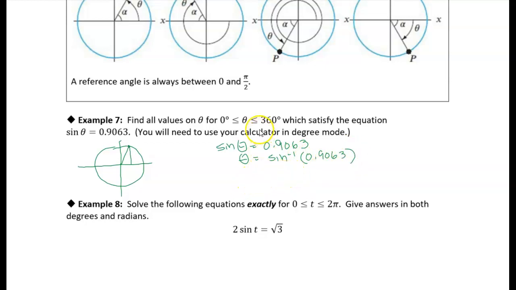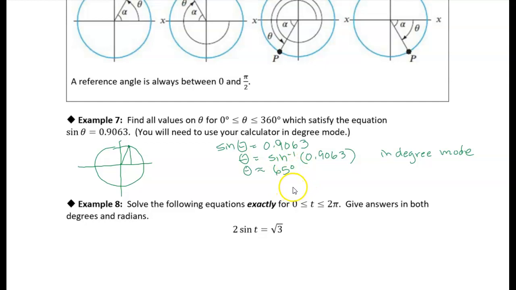I'm going to put it in degree mode, so make sure you're careful about what mode you're in. Degree mode, right? Because I want my output to be in degrees, because it's asking for an angle between 0 and 360. When I do that, I get that theta is approximately equal to 65 degrees.